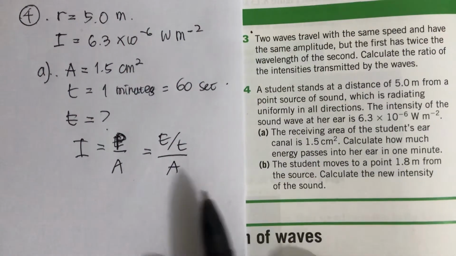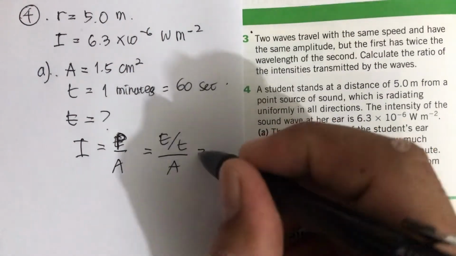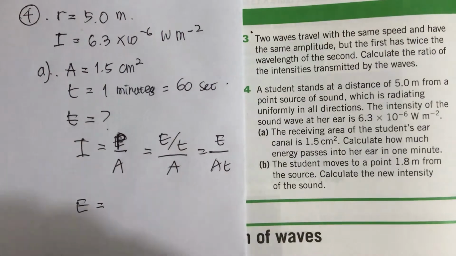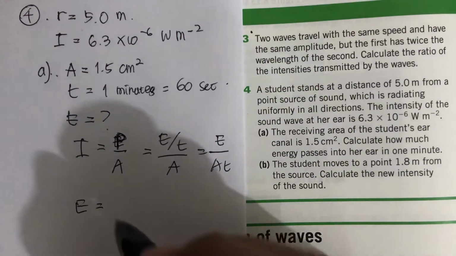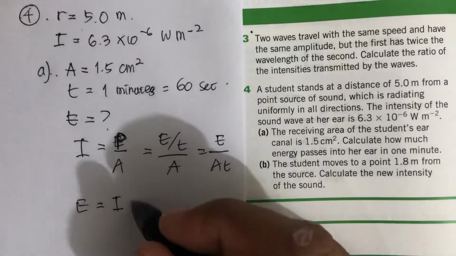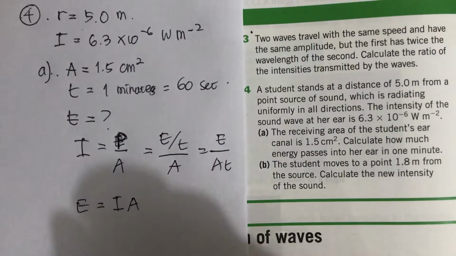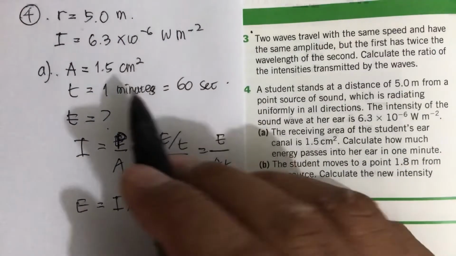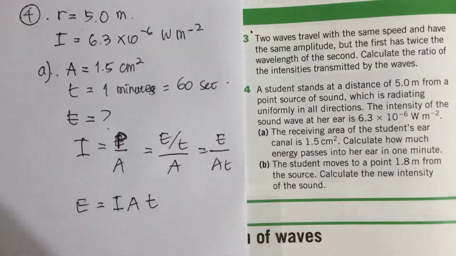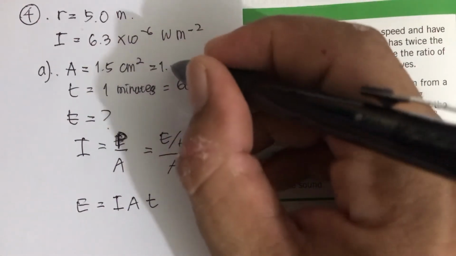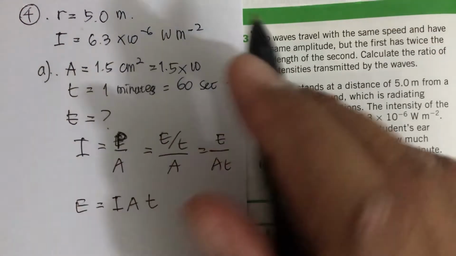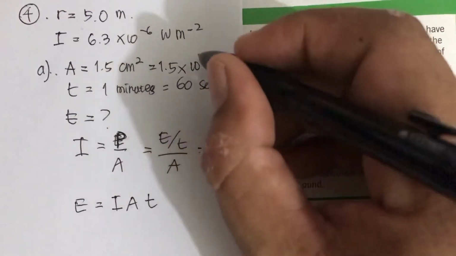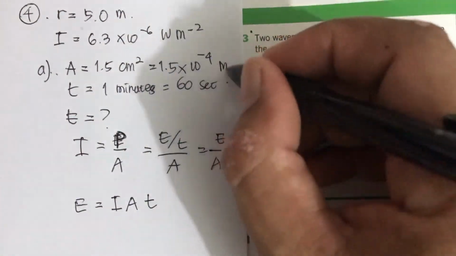So if we want to find E, it equals I, intensity, times A, area, times T. We need to change this area from centimeter squared into meter squared. So 1.5 times 10 to the minus 2, squared, so this is minus 4 in meter squared.